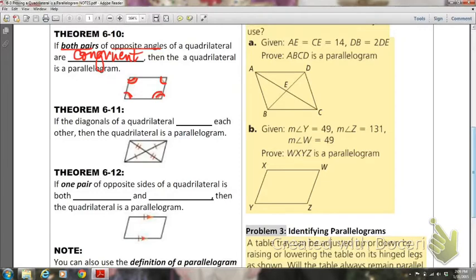The next theorem says that if the diagonals of a quadrilateral bisect each other, then the quadrilateral is a parallelogram. So here it shows the diagonals of a parallelogram drawn. The congruence markings indicate that the diagonals are bisecting each other.